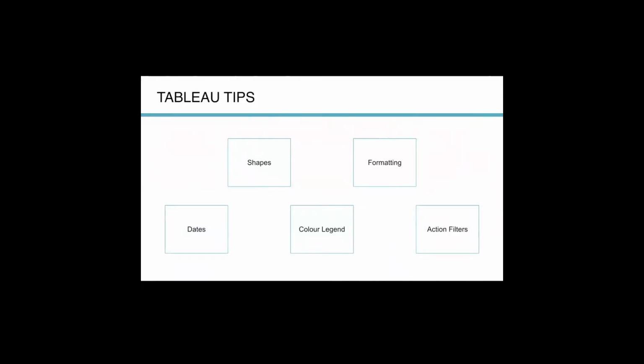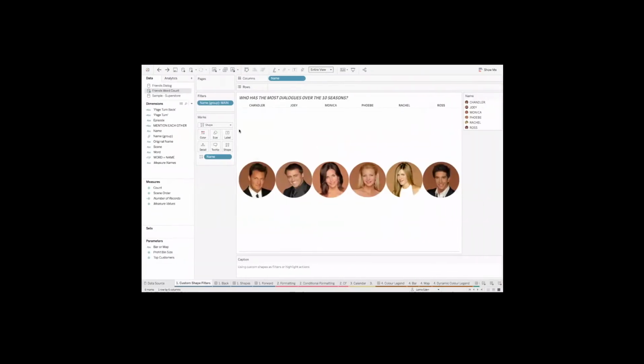Yes, the first one on shapes falls under action filters as well, but this one just adds that extra little wow on your dashboard. Again, there should be tips inside each one of those that you can still take away from today. So let's go on to Tableau.